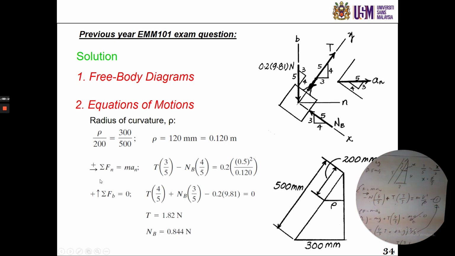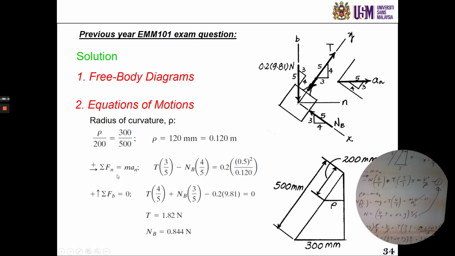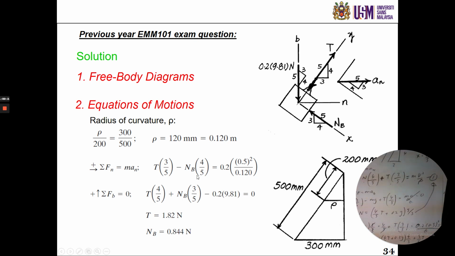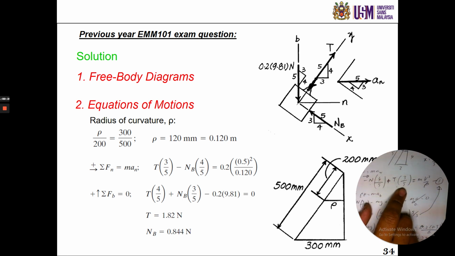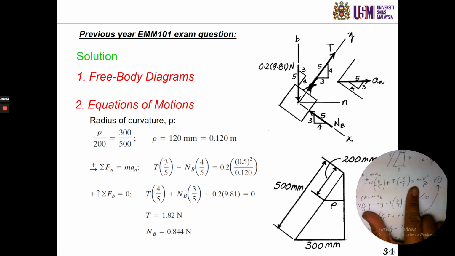Okay, and then write the equation of motion in the normal direction. So I think I got it right for the normal. Okay, 3/5 T minus N 4/5 equals 0.2 v squared divided by rho 0.12.